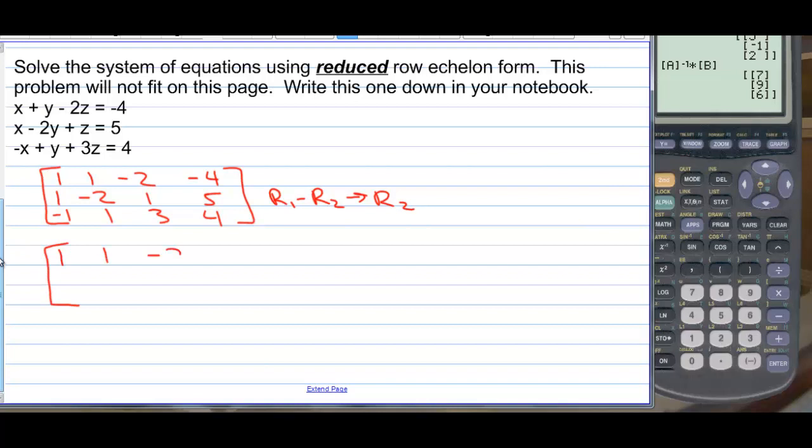1, 1, negative 2, negative 4. We have 0, 3. Negative 2 minus 1 is negative 3, and negative 4 minus 5 is negative 9. We can also do row 1 plus row 3 and replace row 3. We have 0, 2, 1, and 0.